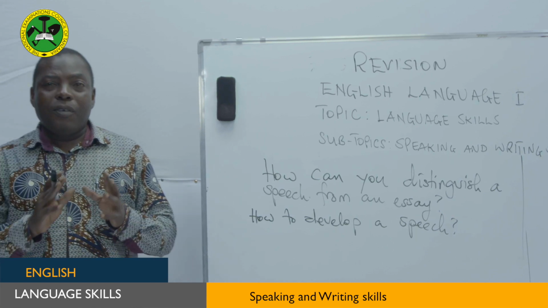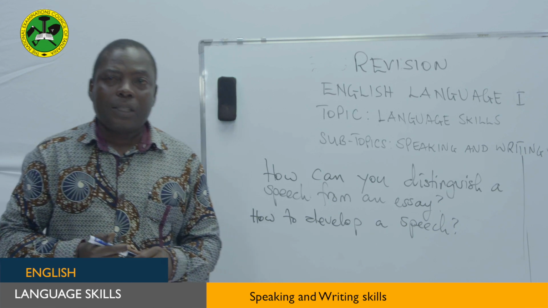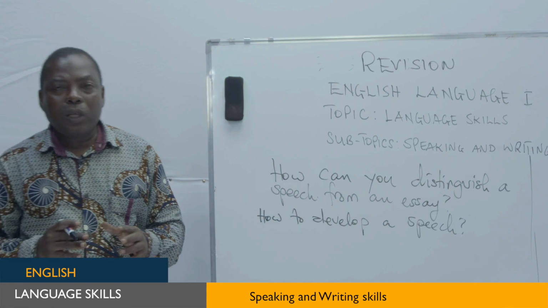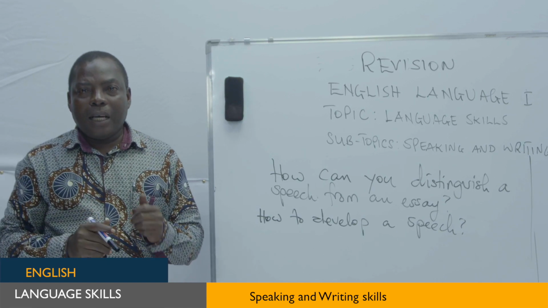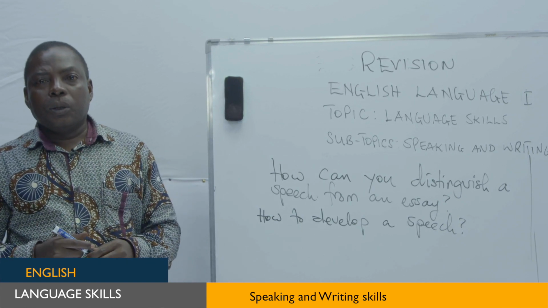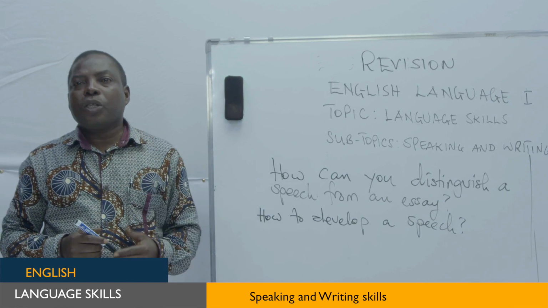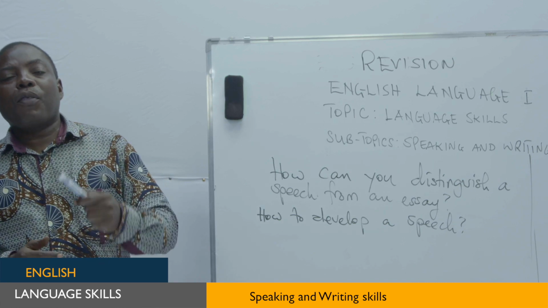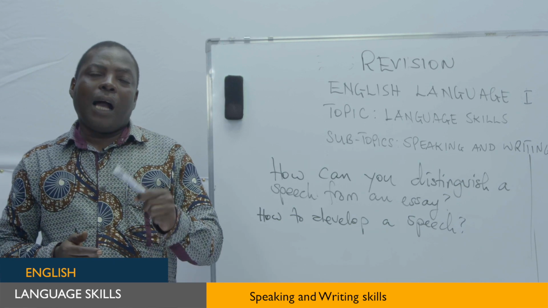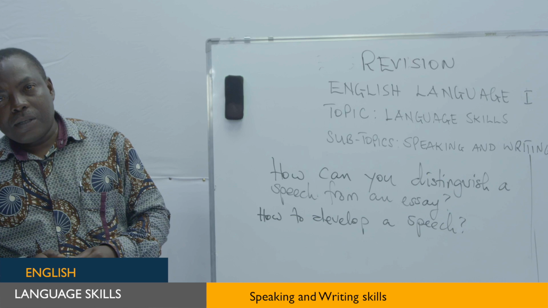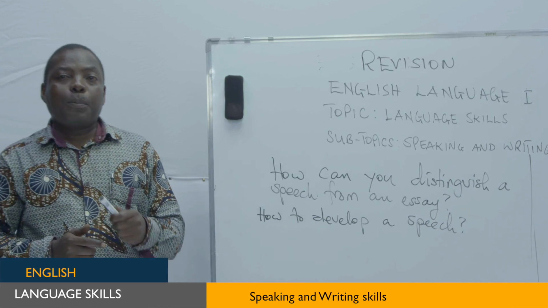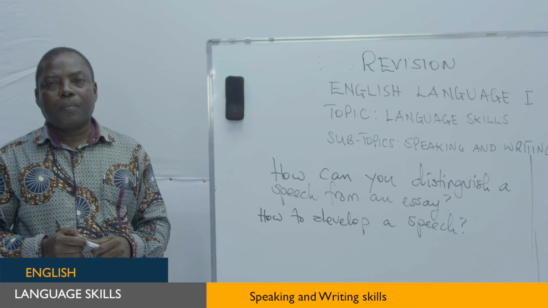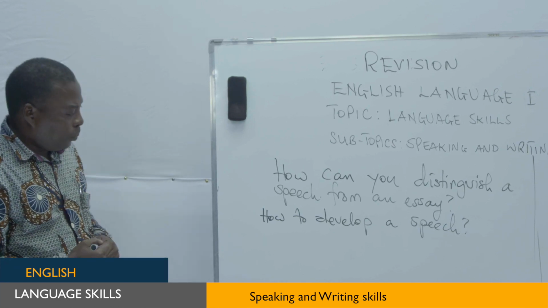When you have the content of the subject, that is when you look at the aspects that a person has to follow to make a speech. With these aspects, there are the things that will make the differences between a speech and an essay. Here we go.